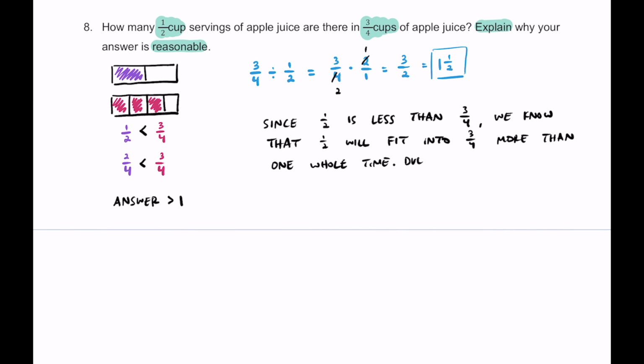Due to that, it's reasonable for the answer to be greater than 1.